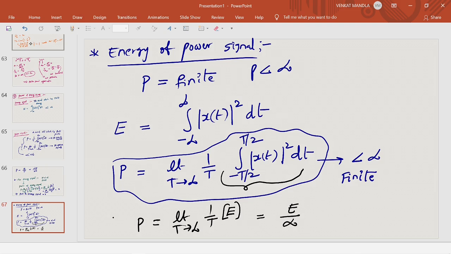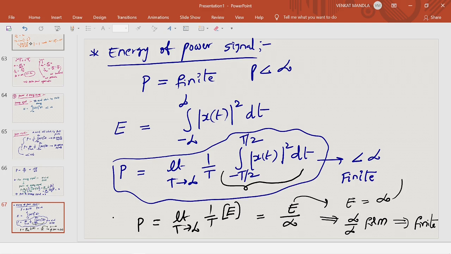Then in what case will you get a finite value? If E is also infinite. If E equals infinite, you will get infinity by infinity form. Then what do you have to do? L'Hospital rule. If you apply L'Hospital rule, then you will get some finite value, power equal to finite.